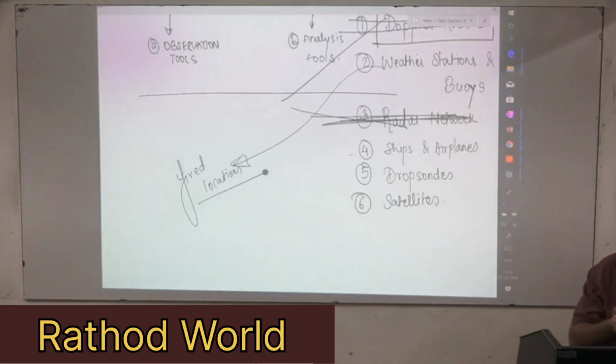Buoys are present in oceans and lakes. Oceans में obviously seas भी आ गए.